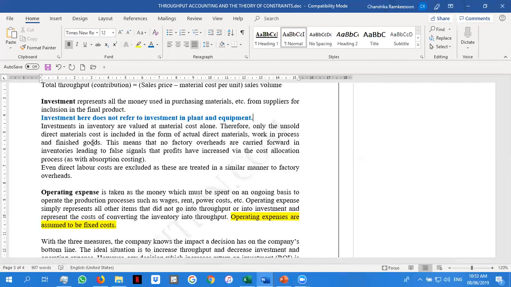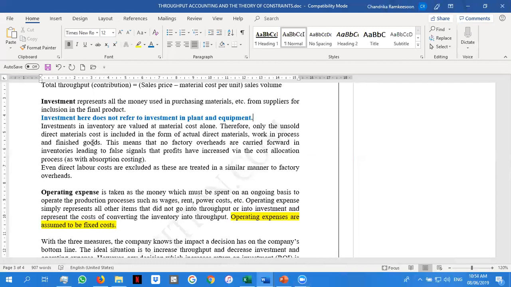Operating expense, which is the other important term when doing throughput accounting, is taken as the money which must be spent on an ongoing basis to operate the production processes, such as wages, rent, power costs, and so forth. Now that's operating expense. The money which must be spent on an ongoing basis to operate the production processes, and this would include wages, rent, power cost, in fact just about any other production related cost except direct material.